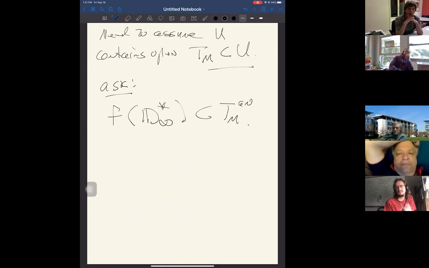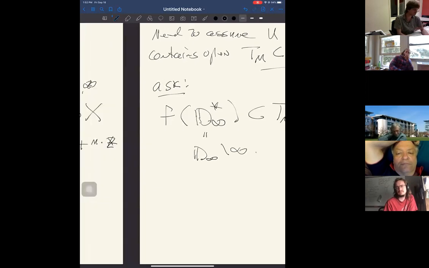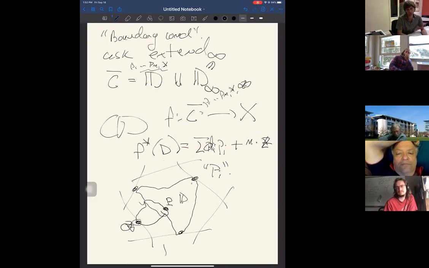So what do I mean by star? Star always means throw away the marked point. So that's just D infinity, it's just a punctured disk. That's just D infinity, take away infinity. So basically back in this picture, all of this except for this part here, the end, goes into the torus.